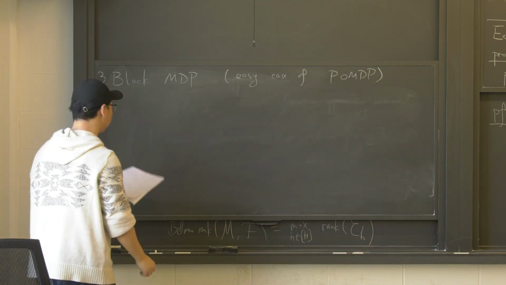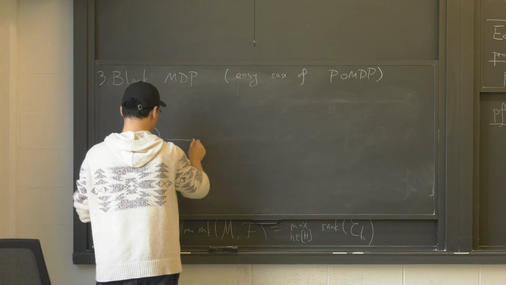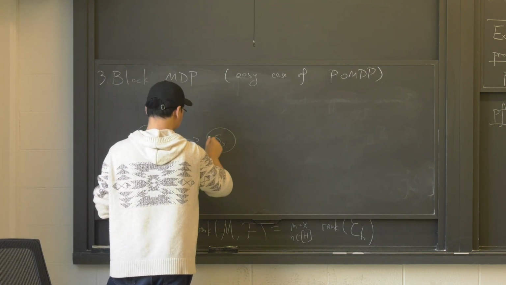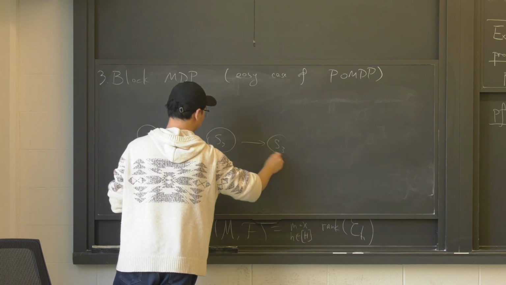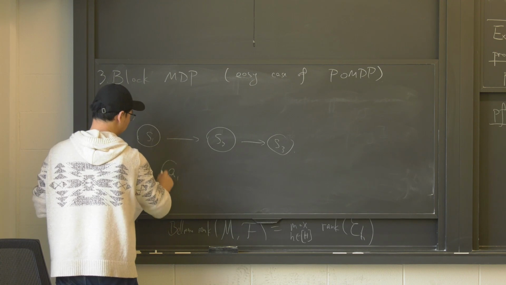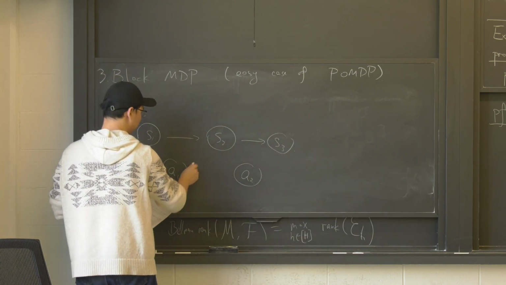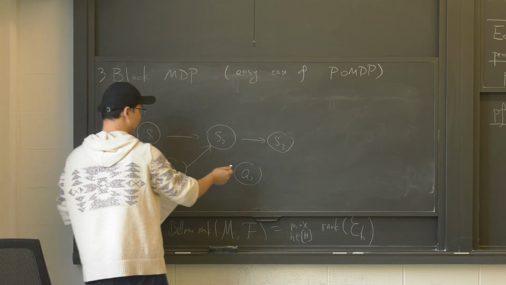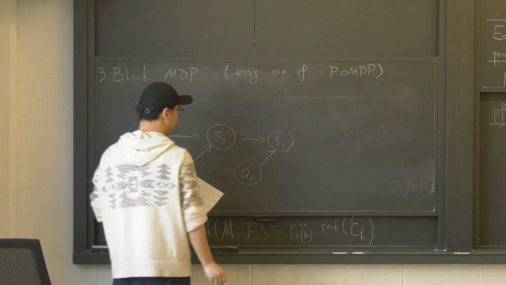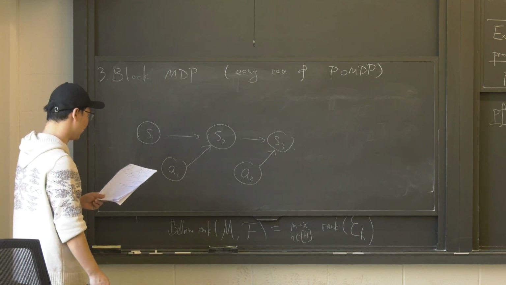Following the partially observable MDP model, underlying it is an MDP, for example S1, S2, S3, and we also have actions A1, A2 at each time, where A1 and S1 jointly affect S2, and A2 and S2 jointly affect S3. Everything at the bottom layer is basically the same as an MDP.